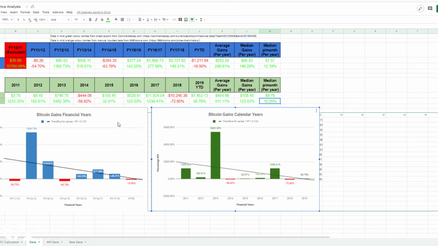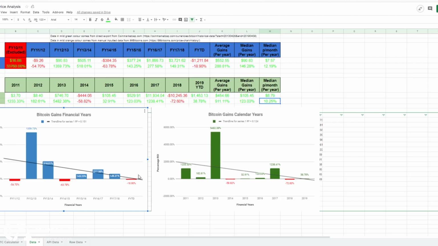Now, interestingly, when we look at the financial years, actually, I'll go into that in a bit. First of all, just explaining, you can see down here on the x-axis the financial years that correspond to the cells in row 3 up here. You can see that these are the negative years. I've also put the exact percentages there as well that are displayed.